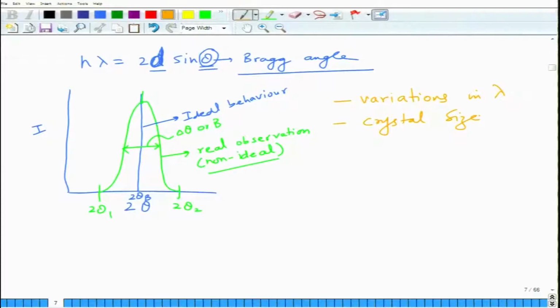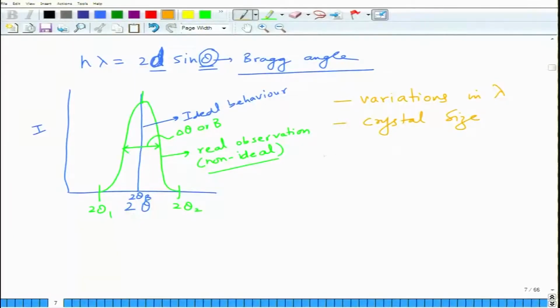At theta b we have constructive interference, and at theta not equal to theta b, within the vicinity, you should have destructive interference.